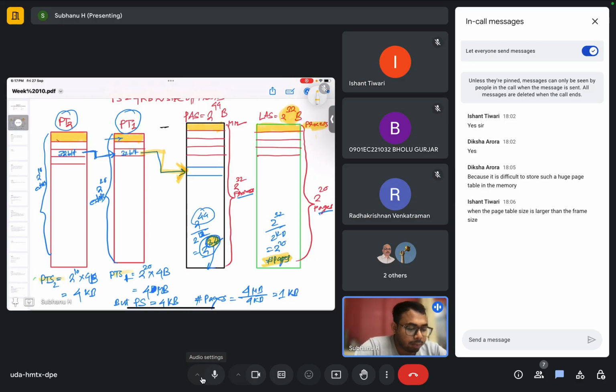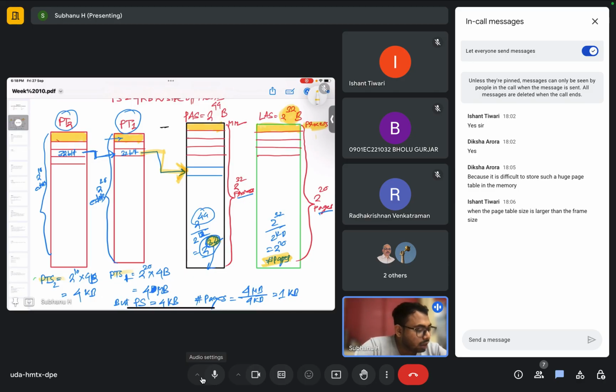Now what is the page table size? PTS means page table size. Page table size is equal to 2 to the power 10 into 4 bytes, which is 4 KB.